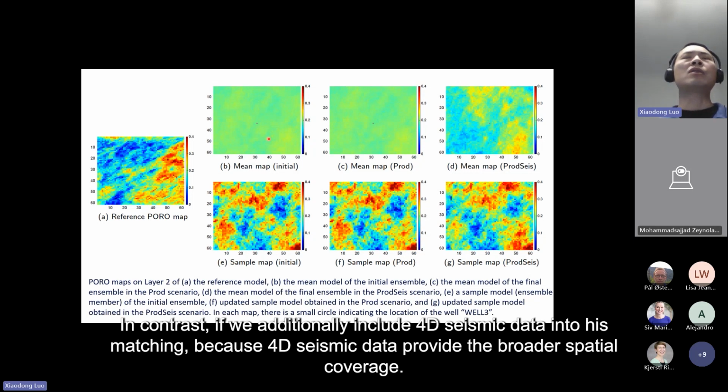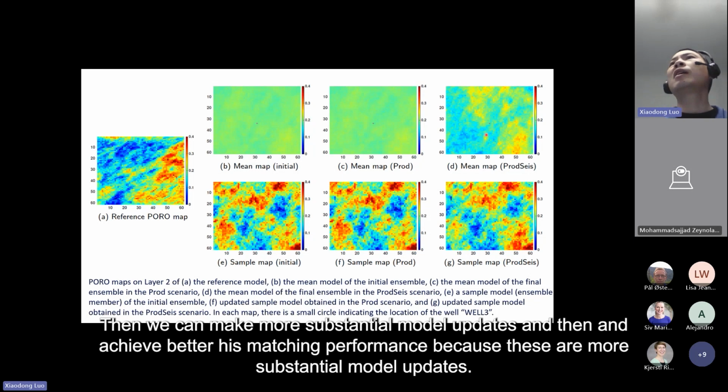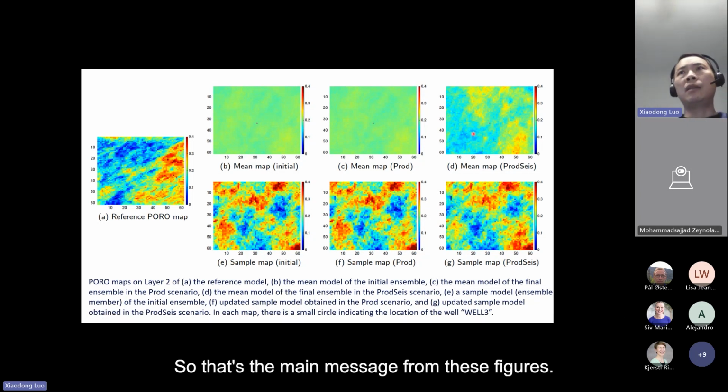In contrast, if we additionally include 4D seismic data in history matching, because 4D seismic data provide broader spatial coverage, then we can make more substantial model updates and achieve better history matching performance because of these more substantial model updates. So that's the main message from these figures.